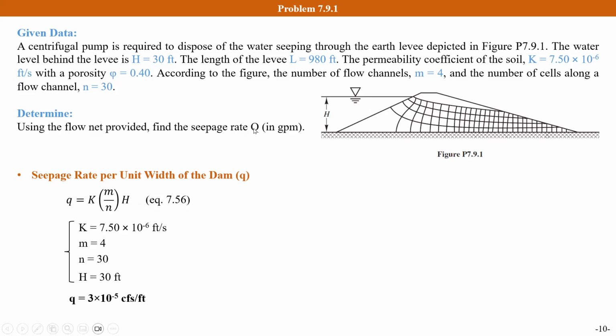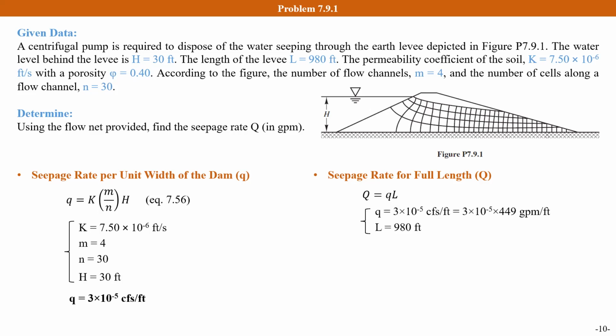Because we need to determine the value of the capital Q here, we use Q equals small q times L, the length. Because the length is 980 feet, we can determine the seepage rate is 13.2 gallons per minute.